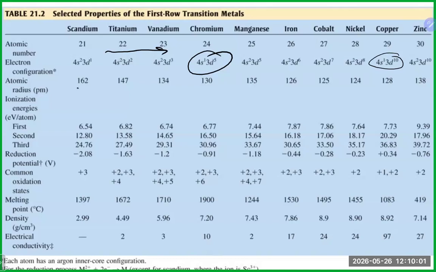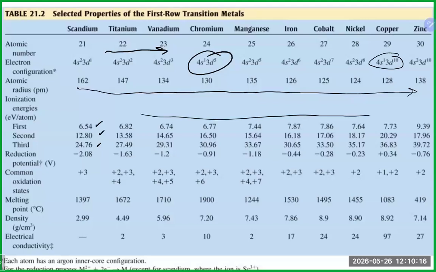Because of effective nuclear charge and some other things, we do see atomic size start to decrease as you go to the right. Here's our ionization energy, and again, it gets larger as you go from first to second to third, and overall increases as you go up and to the right. Our reduction potential is coming across, and our common oxidation states are +2 and +3 going through there.